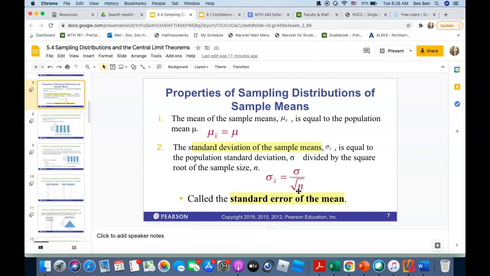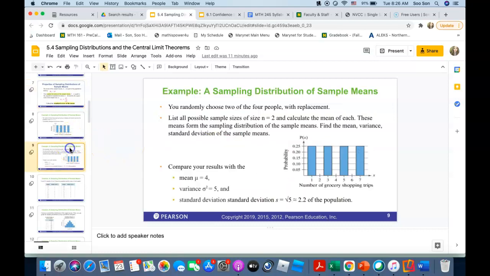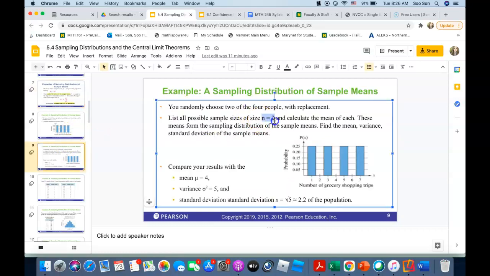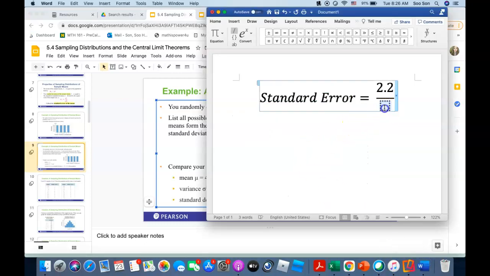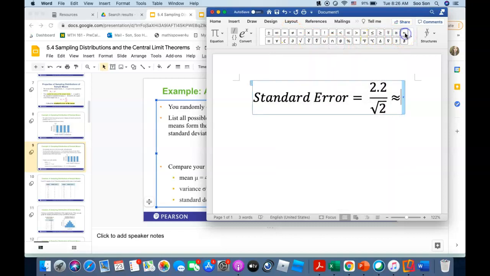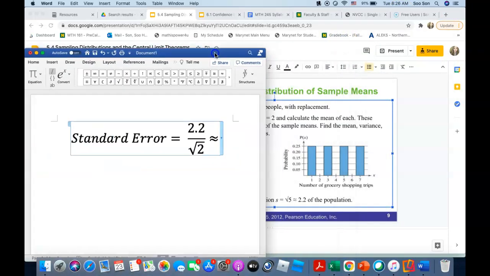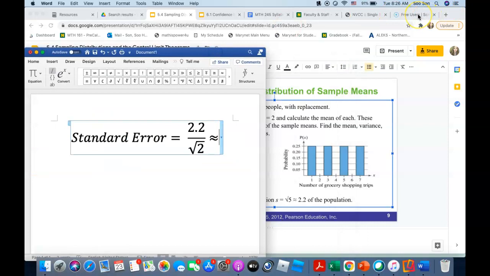What was the sample size? Sample size was 2. So for the bottom of the fraction, I will put the square root of 2. And all I need to do is evaluate this. I need a calculator, so I'm going to go to the Desmos Scientific Calculator real quick.